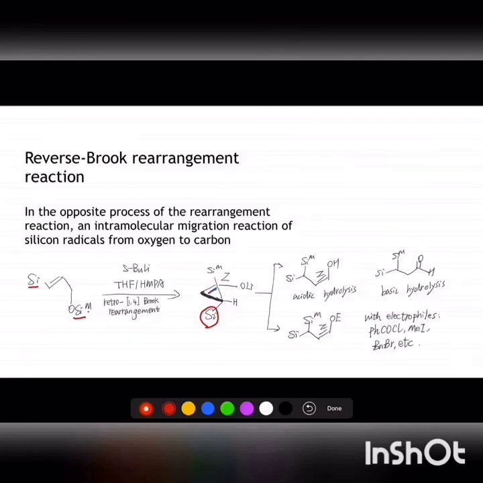And this silicon with superscript M gets attached to the carbon with this silicon atom. So to understand this Reverse-Brook rearrangement, just take the silicon atom beside the oxygen and move it to this carbon with another silicon atom. So this product is going to be divided into two aspects. Just have a brief look, and we won't explain too much.